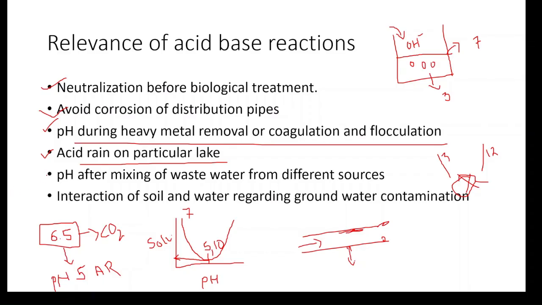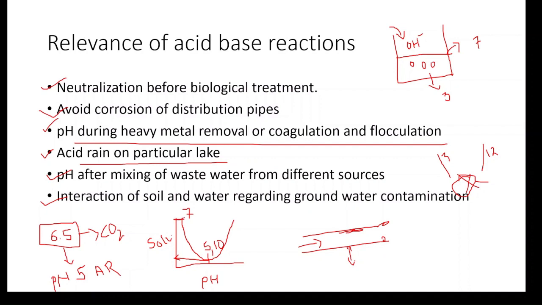So for that also. And interaction of soil and water regarding groundwater contamination. The soil and water may interact and may allow some pollutant to seep into the groundwater. For example, heavy metal also. If the pH is sufficiently high, if the pH is in the solubility range, what will happen?